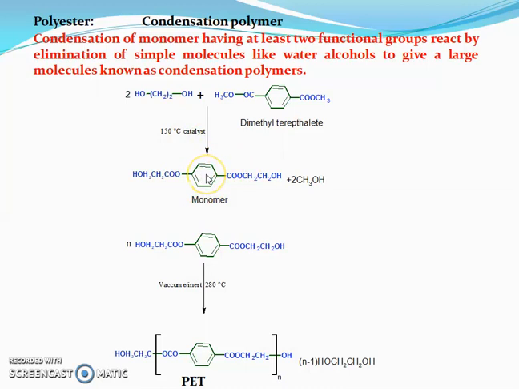Then n number of these monomers undergo polymerization at 280 degrees centigrade in vacuum and an inert atmosphere like nitrogen gas to give terylene.